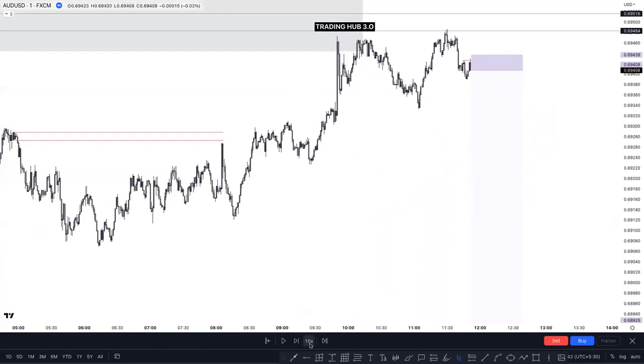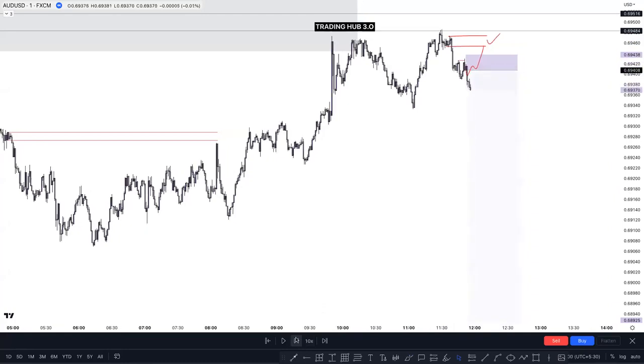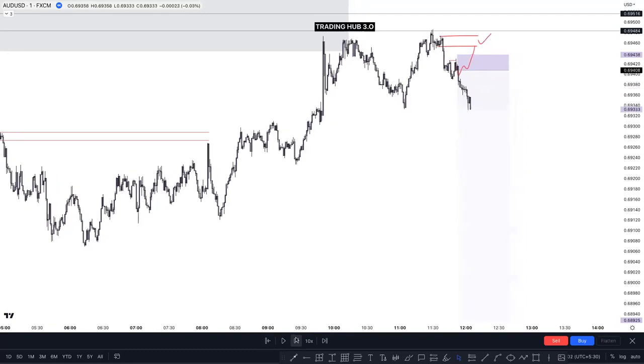And if the market continues higher to mitigate this one, we can also sell here, right? Because this is our high probability entry compared to the first one. So you have to prepare for both sides. Probability is here. Okay, let's see.